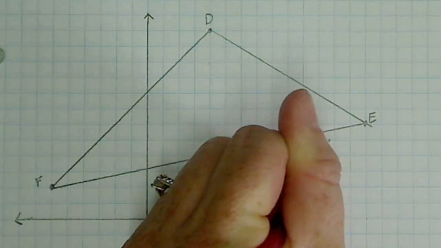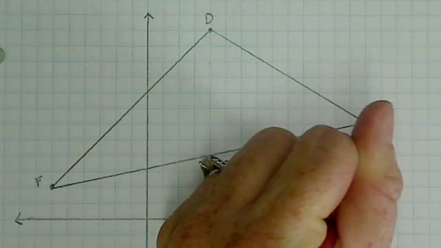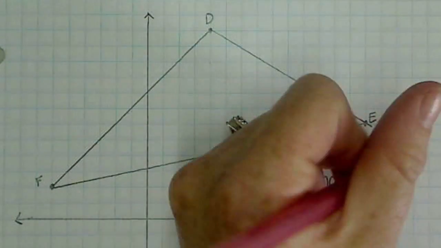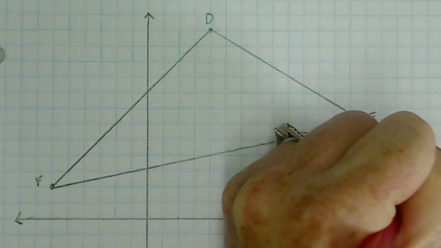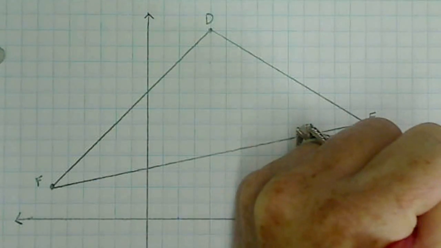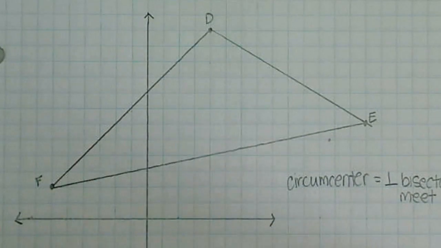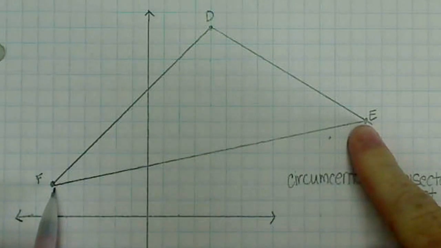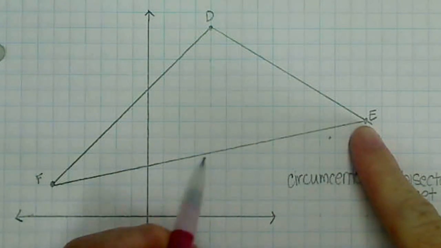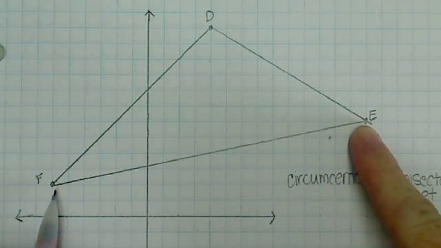So what is the circumcenter? The circumcenter is where all of your perpendicular bisectors meet. So if you think about that, not only are we going to bisect or cut in half each of these sides, but it has to be perpendicular to the slope of each of these sides.